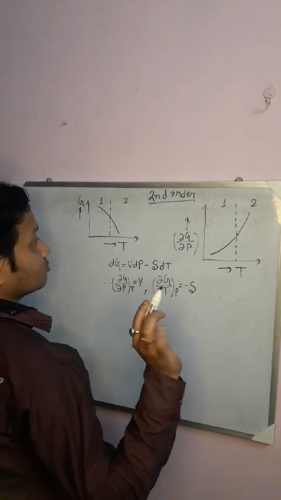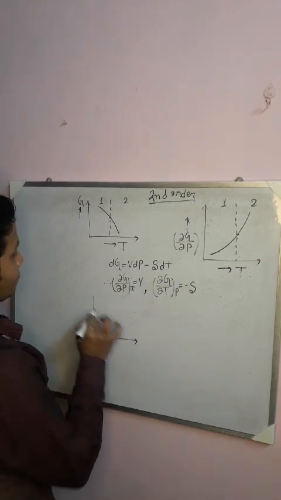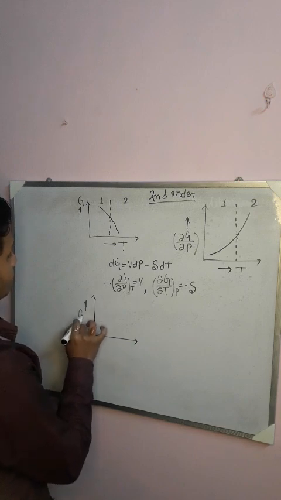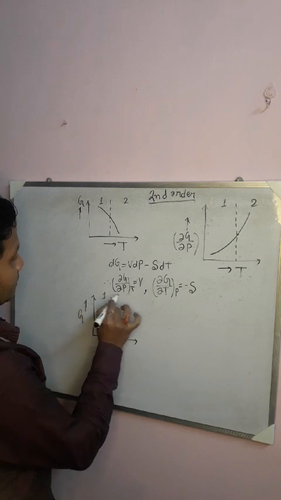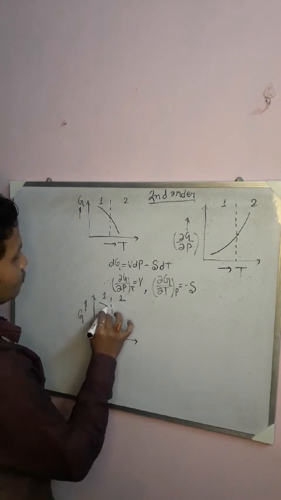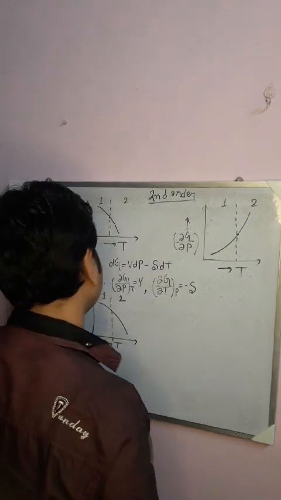But in first order phase transition, what we saw is that the Gibbs potential changes with temperature continuously. That means the Gibbs potential temperature curve will be the same for both first order and second order phase transition.